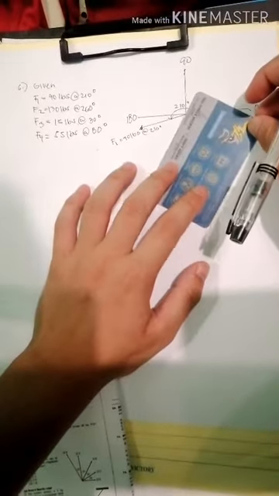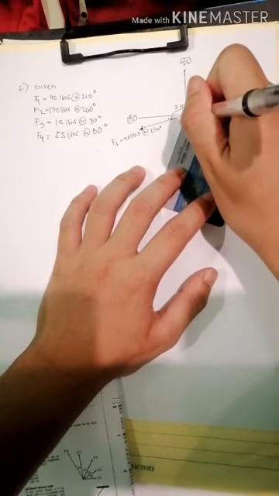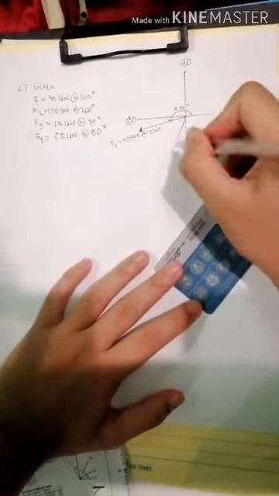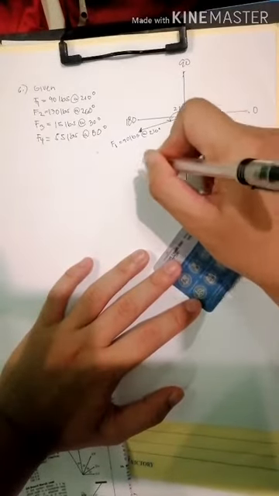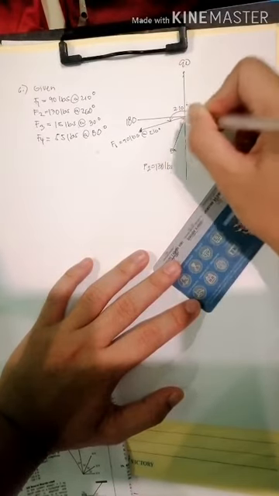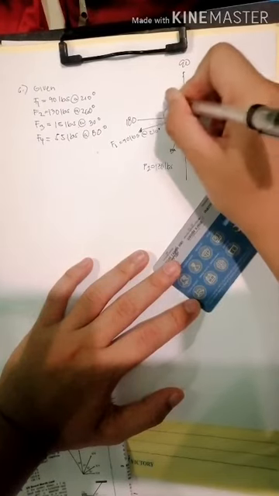Next is force 2, 260. So, force 2, 130 pounds at 260 degrees.